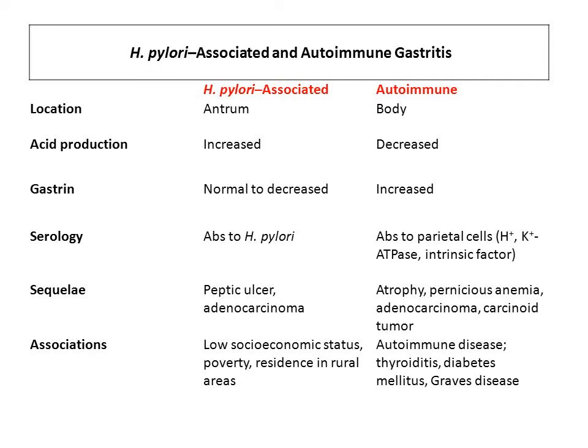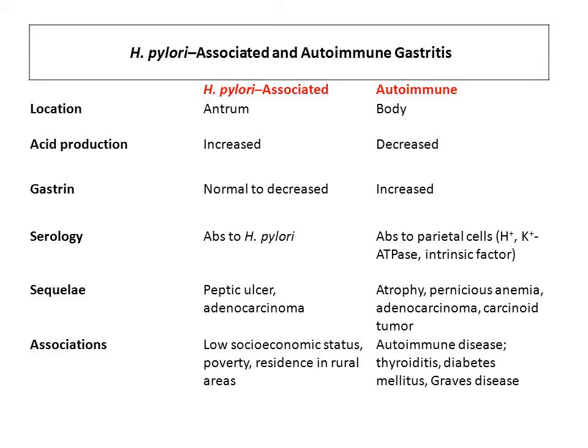When we talk about the serology, antibodies to H. pylori will be seen in case of H. pylori gastritis, while in case of autoimmune you can find antibodies against the parietal cells, against hydrogen potassium ATPase, and against the intrinsic factor. Patient can develop various complications, especially when we talk about H. pylori.